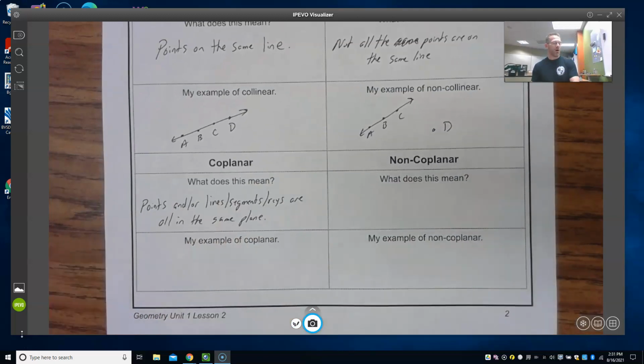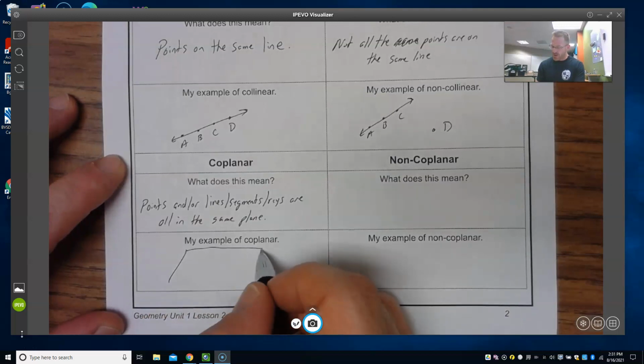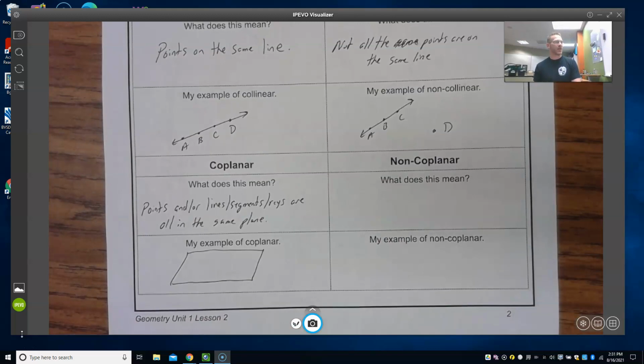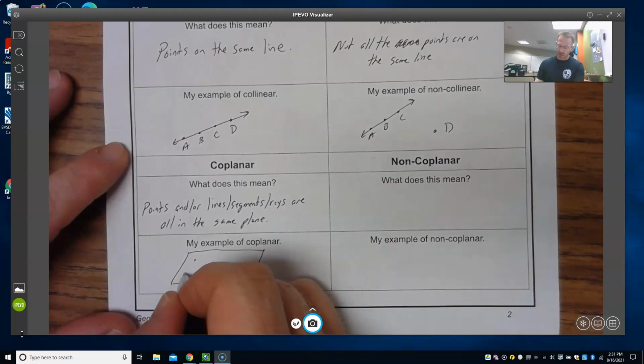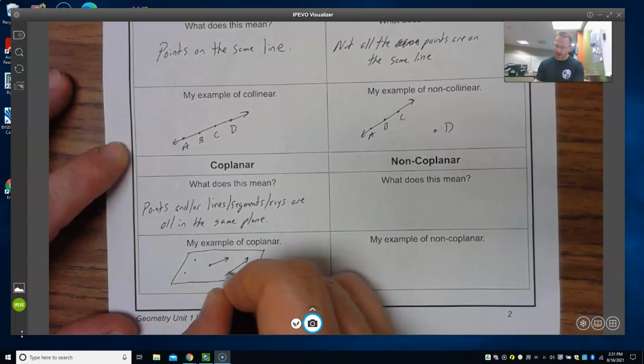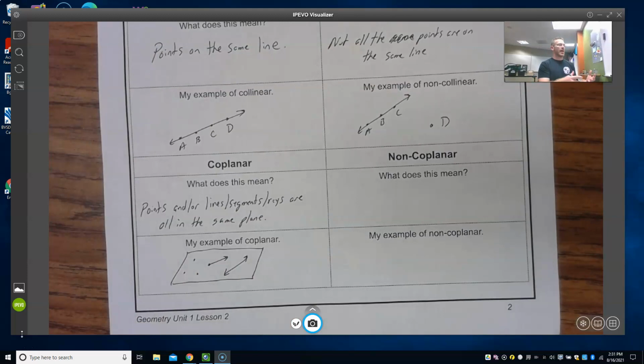And the way we typically represent a plane is we just draw a little four-sided figure, kind of like a parallelogram, if you know that term. And so there's some points, and maybe I have a ray right here, I've got a line over here. So all those are in the same plane.